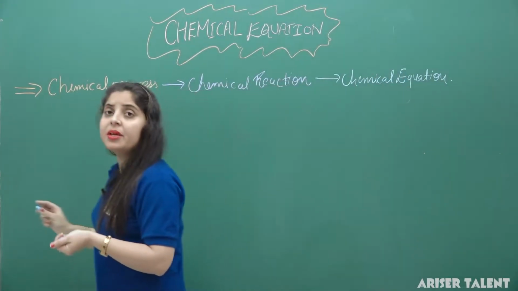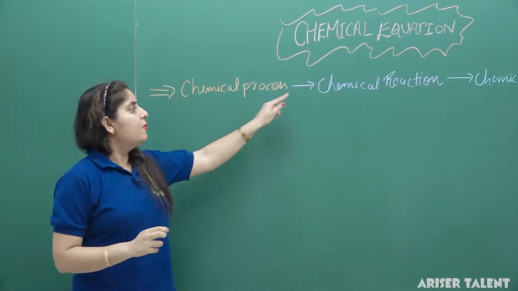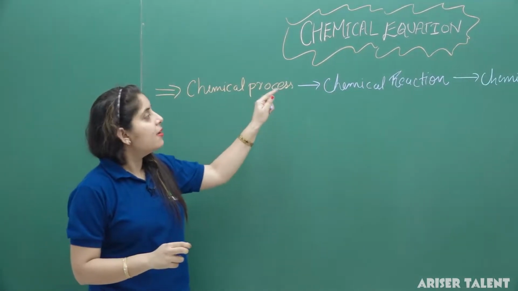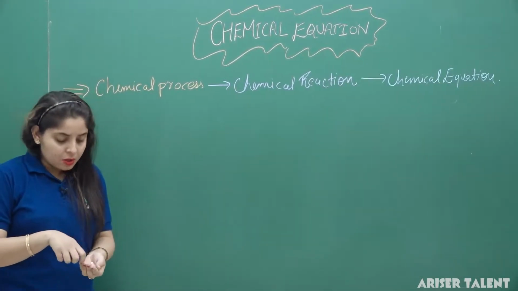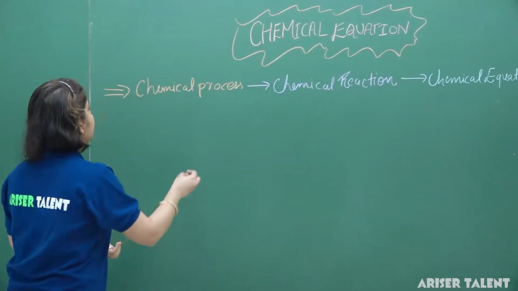So any chemical process will be defined in terms of a chemical reaction, and every chemical reaction will be followed by a certain form of chemical equation. So what is a chemical equation?